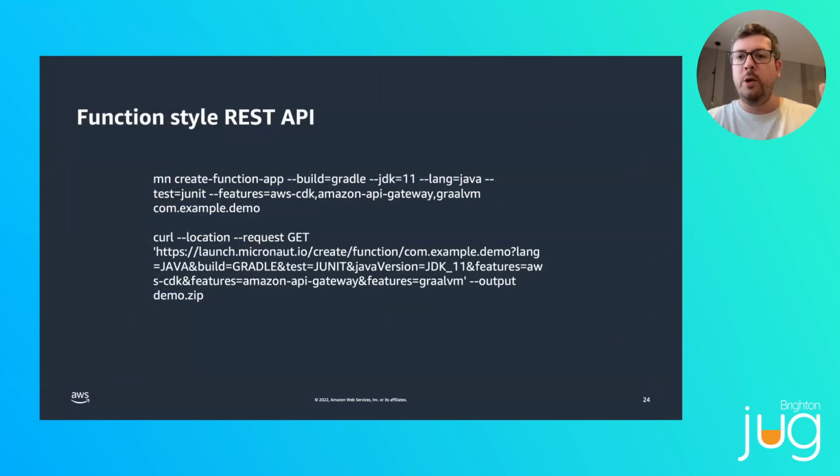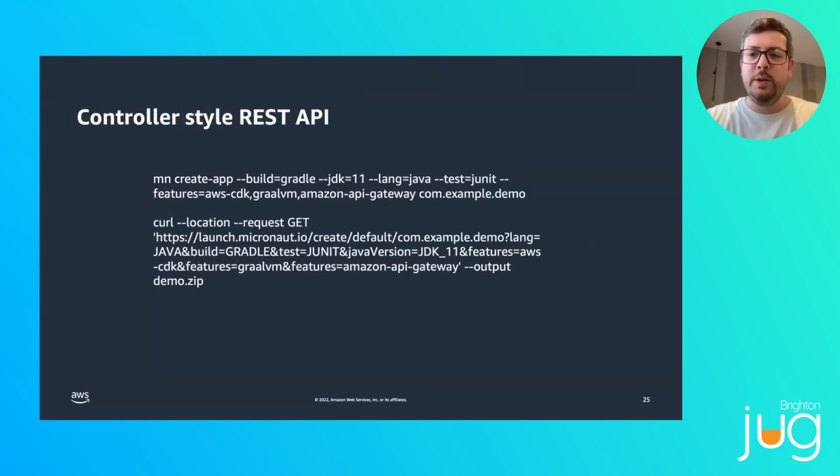So these are a couple of examples I would recommend trying if you're interested in getting started with Lambda and Micronaut. So you can run the curl command on your machine, and it will actually call the same API that the website is using. It'll specify the features, and a zip file will be downloaded to your machine, and it will include the two projects that I mentioned before.